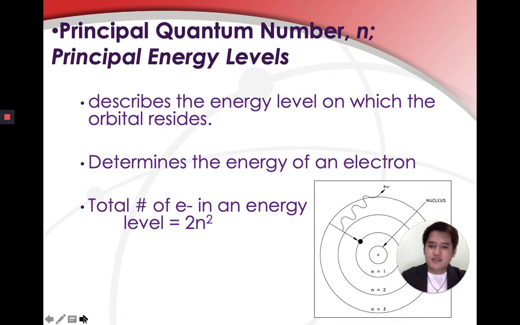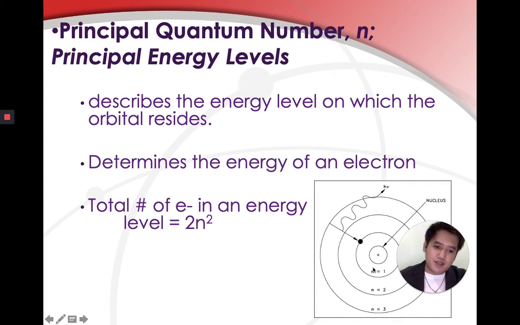Now, in terms of the principal quantum number, there's a little bit of math. If you want to find out how many electrons, all in all, are present in, for example, n equal to 2 or n equal to 3, we can use this equation. The total number of electrons in an energy level is equal to 2n squared, where n is your principal quantum number.